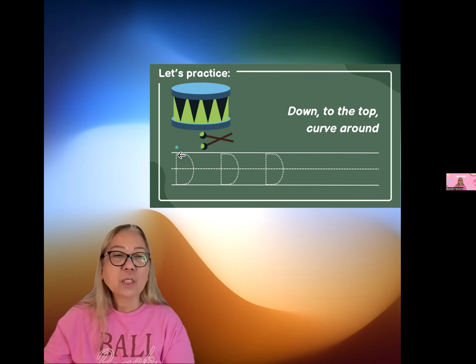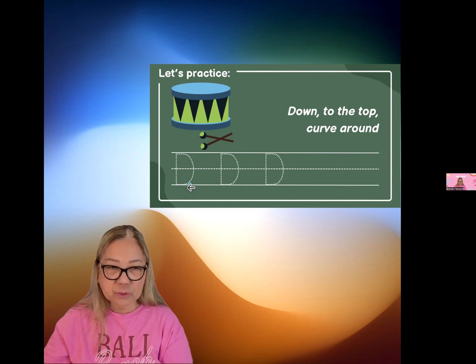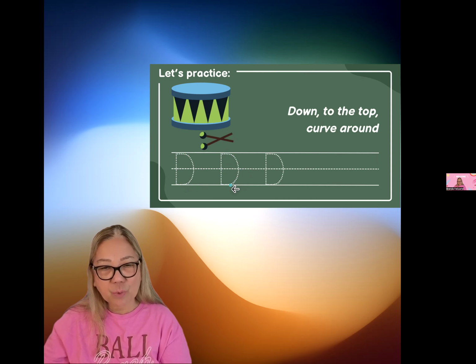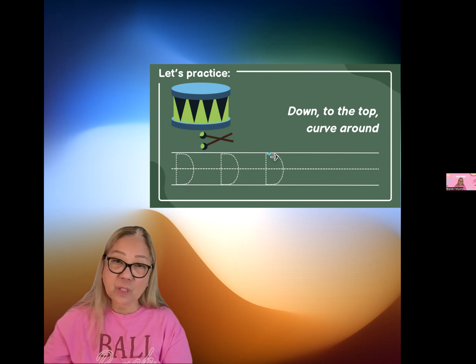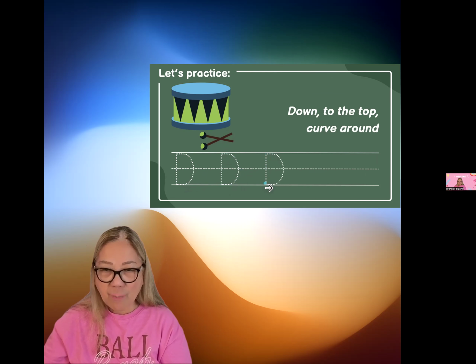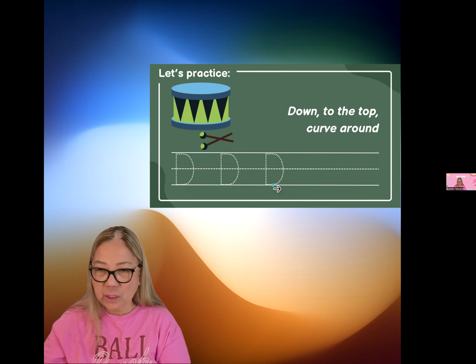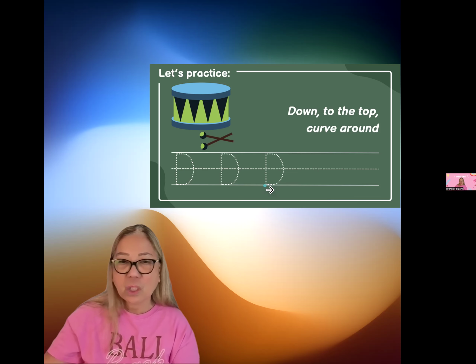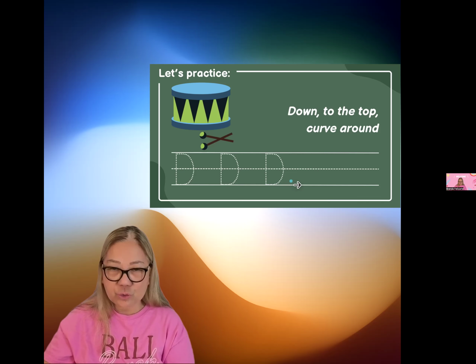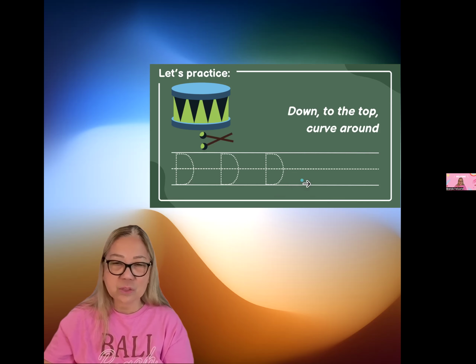From the top down, that's a line, and then from the top again, curve to the right, and then meet up with the next line that you just did. All right, so it's very easy.